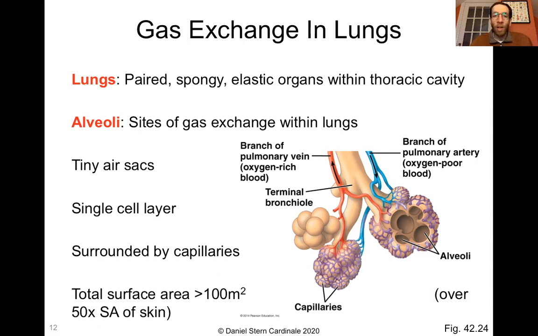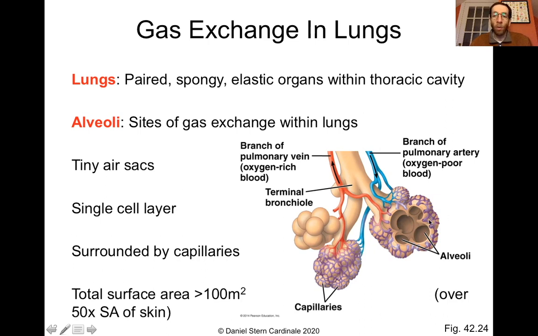So this is an enormous surface area over which gas exchange is occurring. Now, as I mentioned before when we talked about the countercurrent exchange, alveoli are not the most efficient way to accomplish this because the air goes in and it's surrounded by the blood in those capillaries. So eventually you reach an equilibrium point where there is approximately an equal concentration of oxygen in both locations.